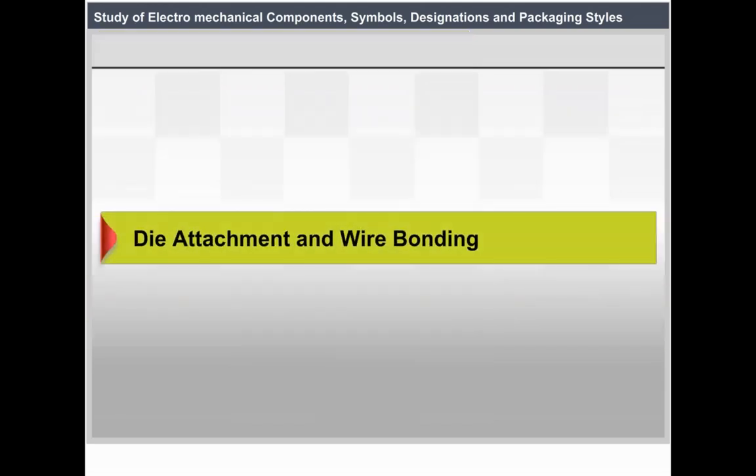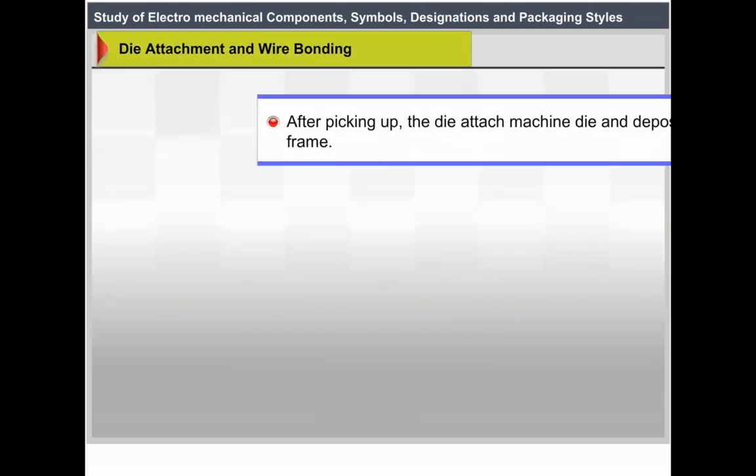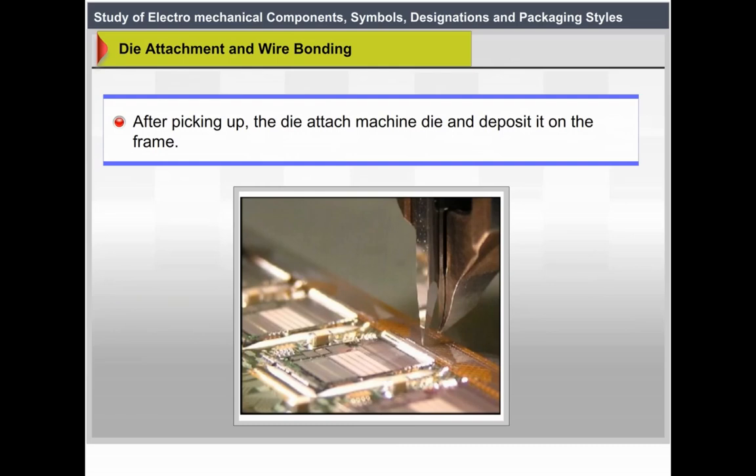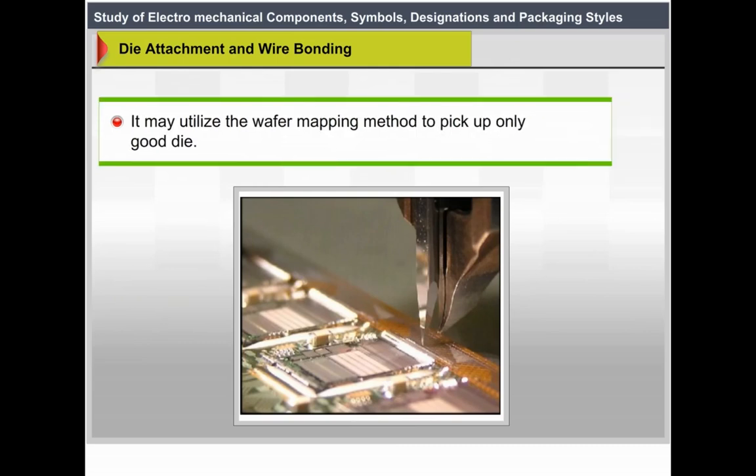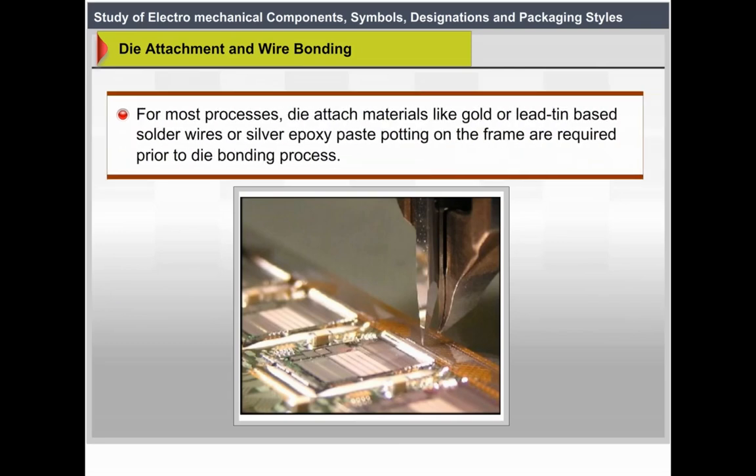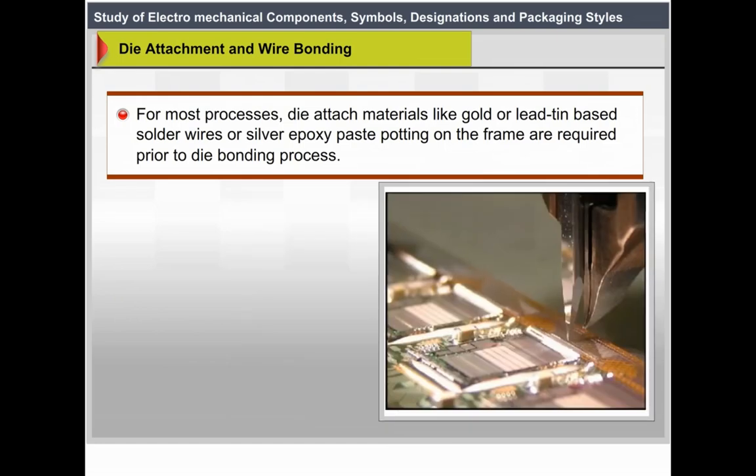Die attachment and wire bonding. The die attachment machine will pick up the die and deposit it on the frame. It may utilize the wafer mapping method to pick up only good die. For most processes, die attachment materials like gold or lead tin based solder wires or silver epoxy paste potting on the frame are required prior to the die bonding process.